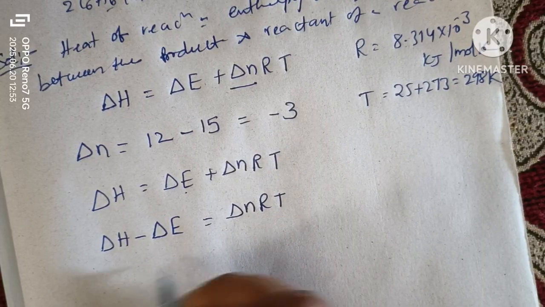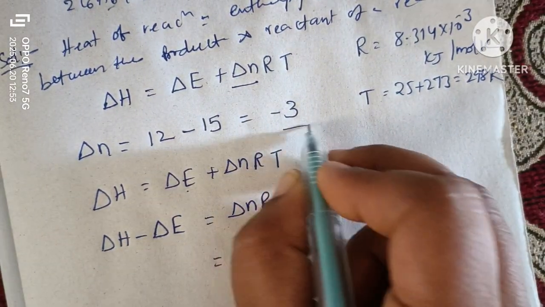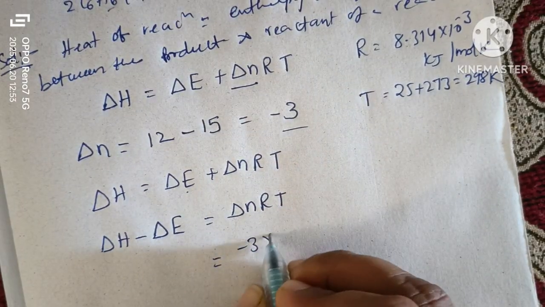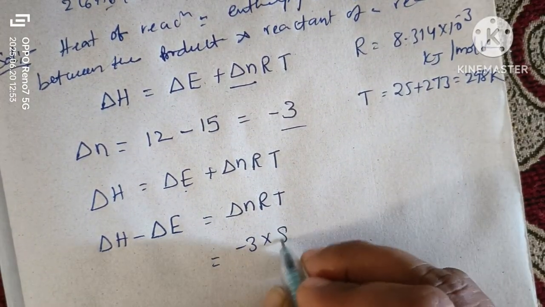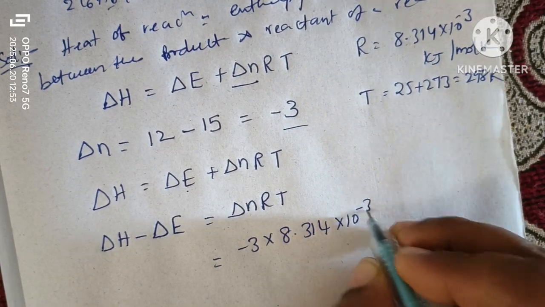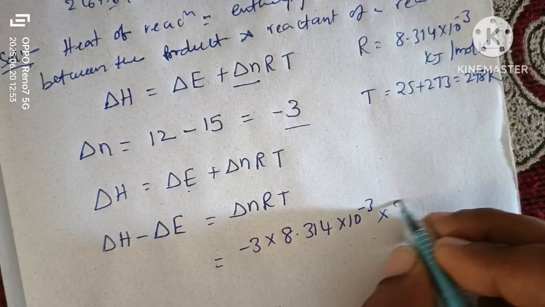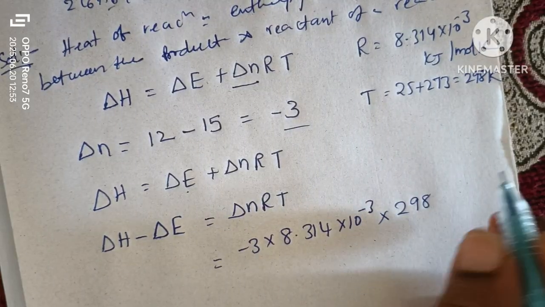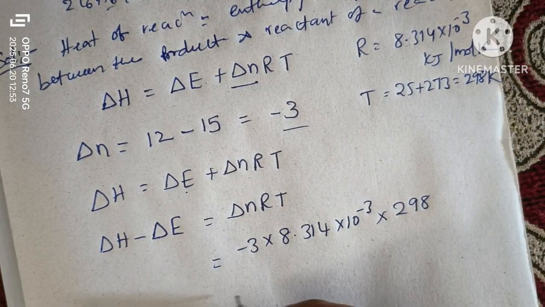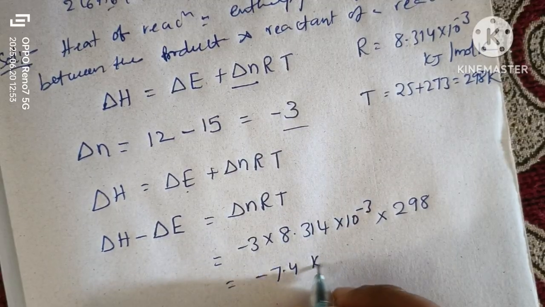So what is the value of delta N? Minus 3, into the R value 8.314 into 10 power minus 3, and the T value 298 Kelvin. By solving this, we get the answer minus 7.4 kilojoules.